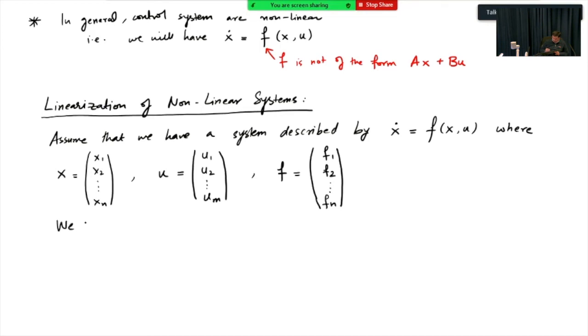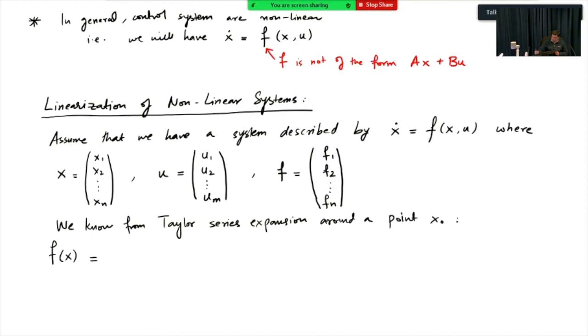So we know from the Taylor series expansion that your f, which is a nonlinear function, can be approximately written as a linear function around a point, x0.